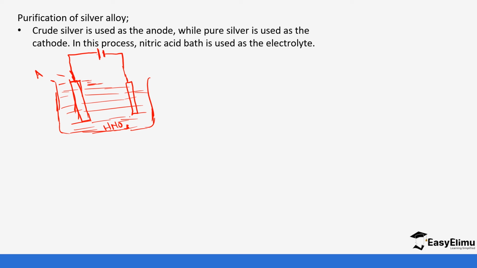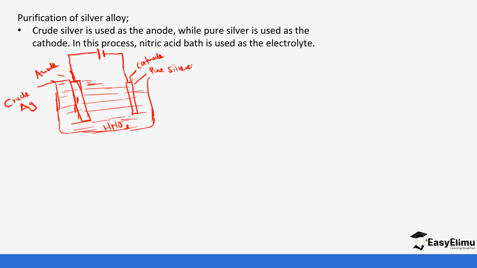So this is the anode, and we will indicate that this is the crude silver. And this is the pure silver, and this is the cathode.